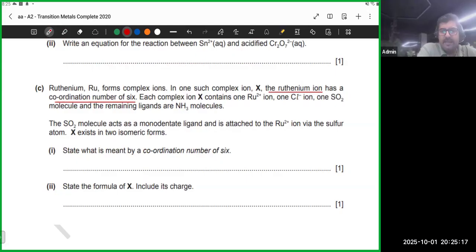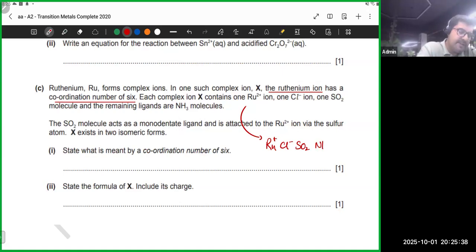Now, each complex ion X contains one Ru+ ion, one Cl- ion, one SO2, and the remaining ligands are NH3.